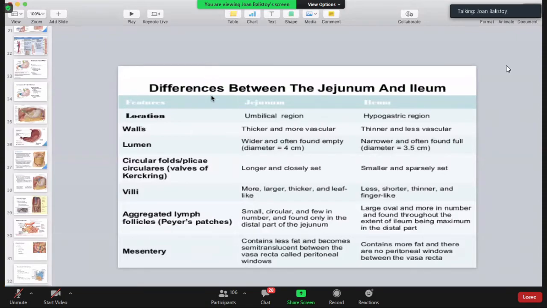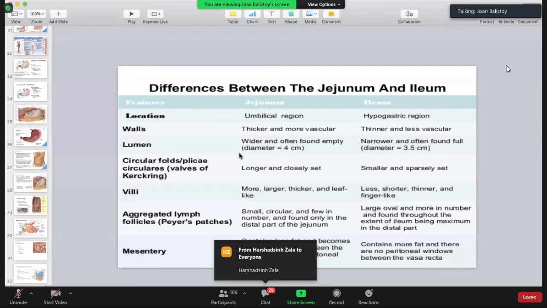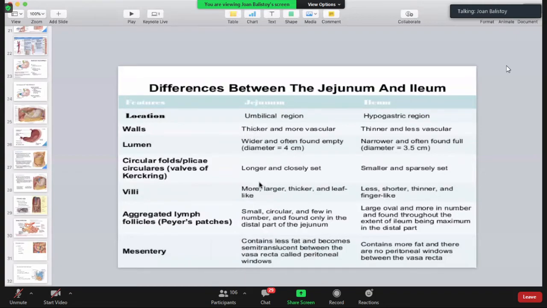Now, the circular folds or the valves of Kerckring, they are longer and closely set in the jejunum. In the ileum, they are spaced out. The villi are larger and thicker in the jejunum. And there are no Peyer's patches in the jejunum.